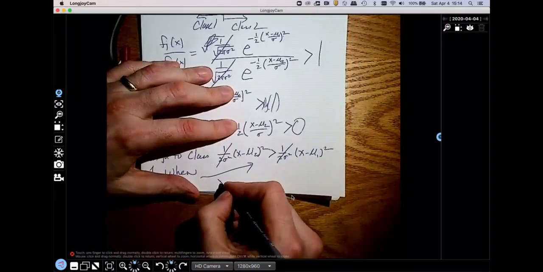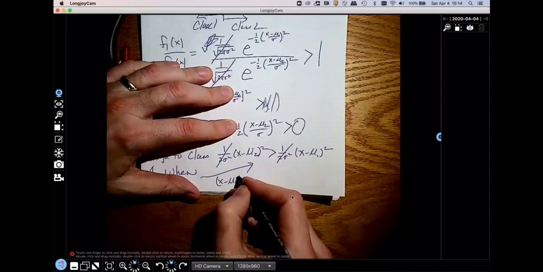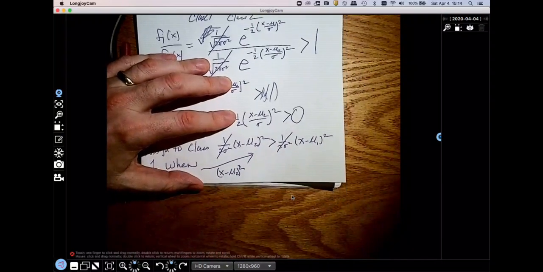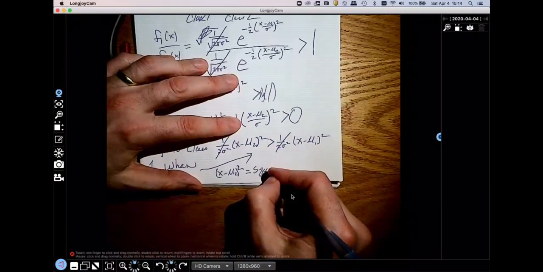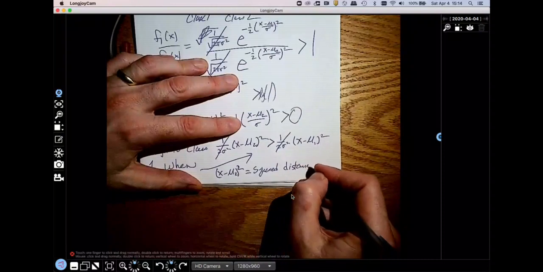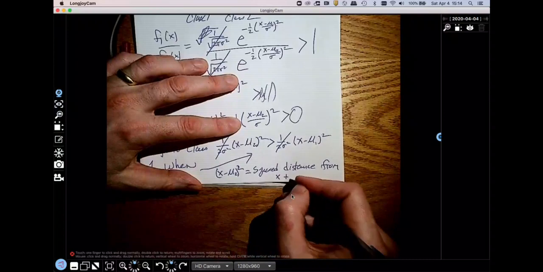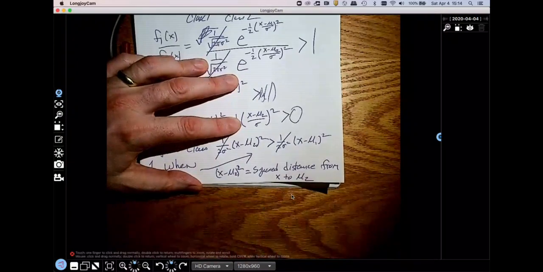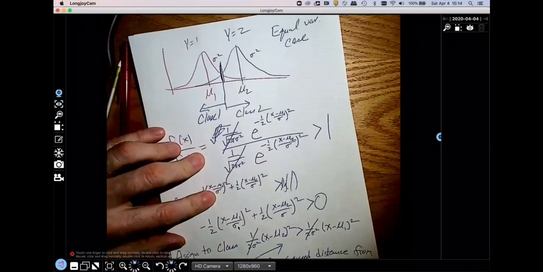Note, (x minus mu2) squared has a very important interpretation. This is the squared distance from x to mu2. That's just the squared distance from x to mu2.